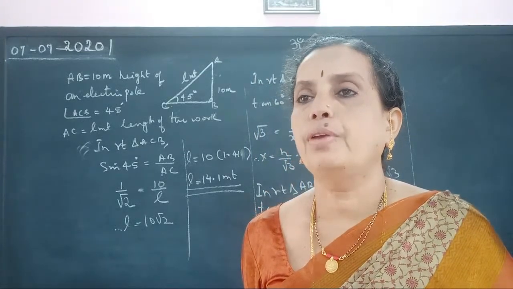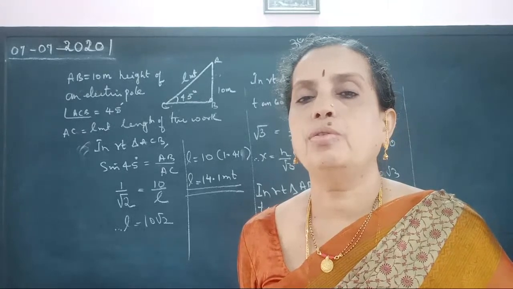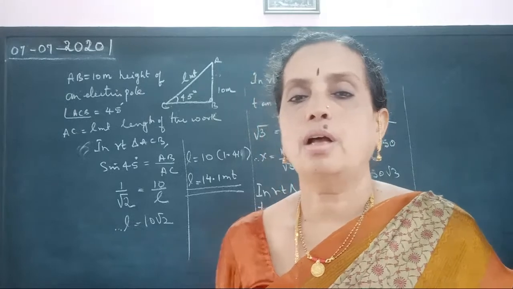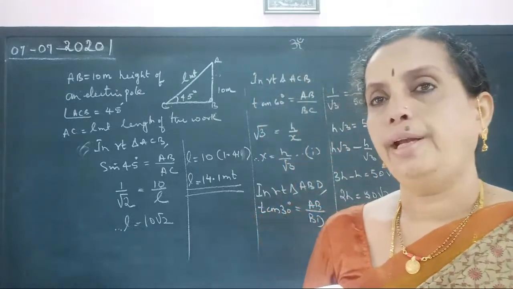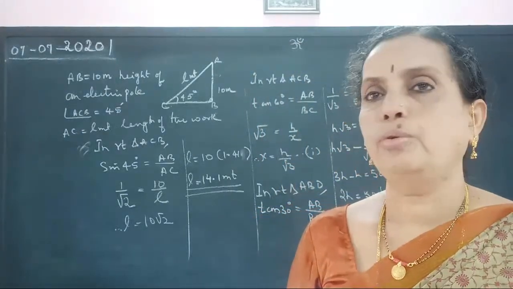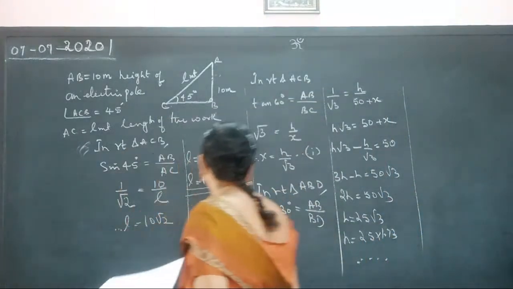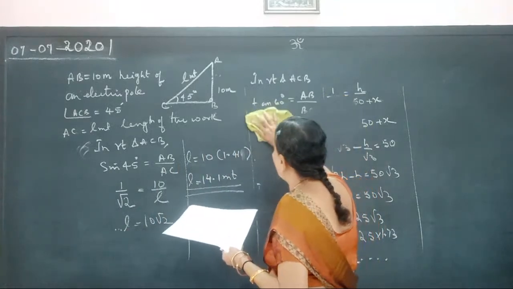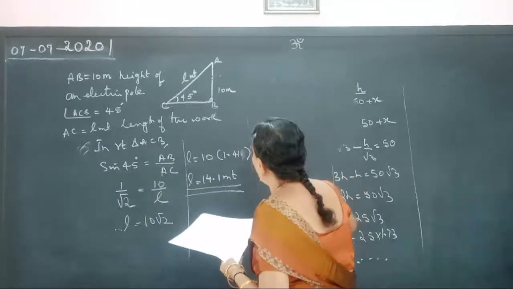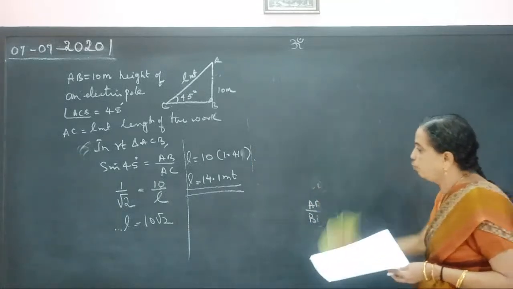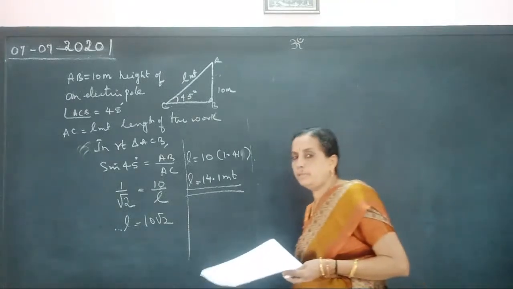They won't give the figure. Using the figure you have to frame calculating, you will get the answer. That is how the weightage of marks will be distributed to different types of problem. So after this conclude your answer. Therefore length of electric wire equals 14.1 meter.